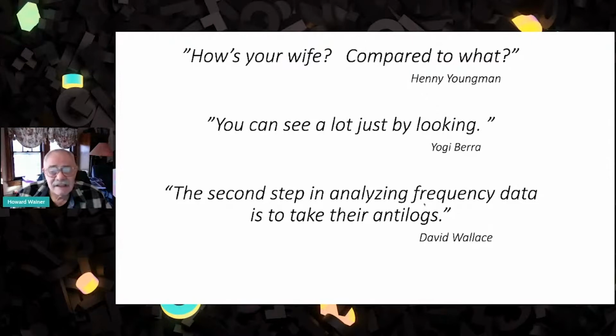The second epistemologist is Yogi Berra, who talked about the importance of graphics, and he said that you can see a lot just by looking. And third is a famous University of Chicago statistician named David Wallace, who pointed out that the second step in analyzing frequency data is to take their antilogs. You'll see where their advice comes in all the way through the talk.